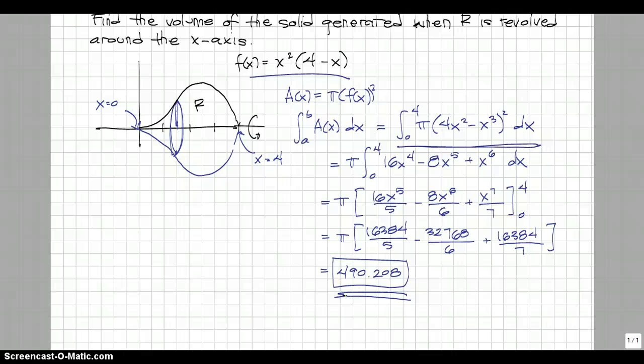So there's a volume of revolution revolving around the x-axis, and hopefully in a future problem we'll look at what the differences are when we're revolving around a different line, something like maybe y equals -2, or maybe even revolving around the y-axis instead of the x-axis.